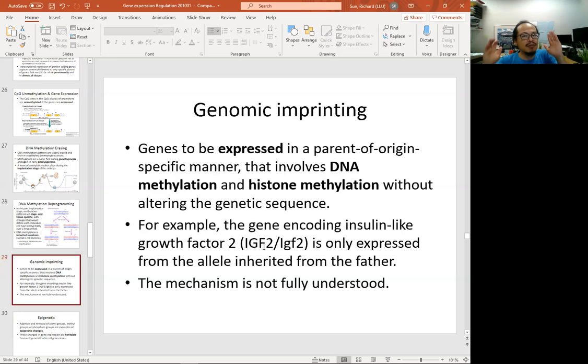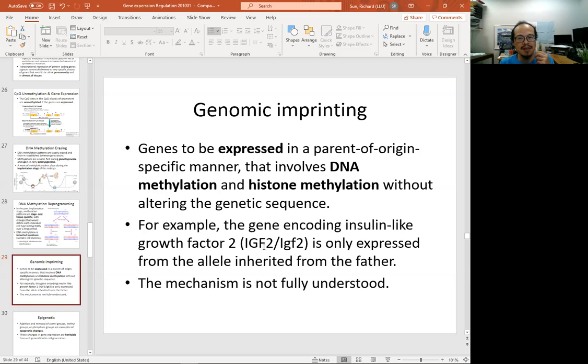Although we carry two copies, one from mom and one from dad, only the one from the father is expressed. The one from the mother is methylated and suppressed. Why do they choose the mother's to be suppressed and not the father's? We don't know.